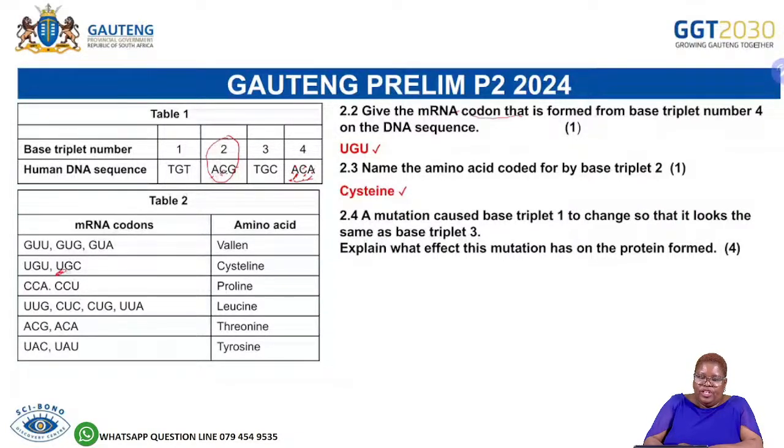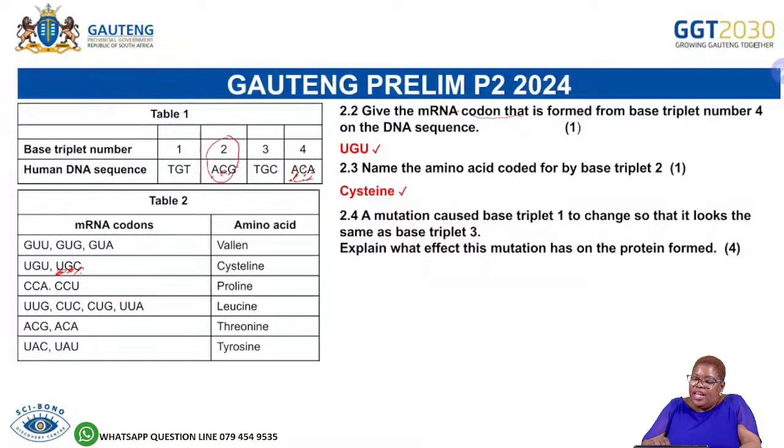C will be G. G will be C. So what happens is you write them so that when you refer to the follow-up question, you can just pick up easily. Now this is ACG, then it will become UGC, and the name of the amino acid is cysteine.